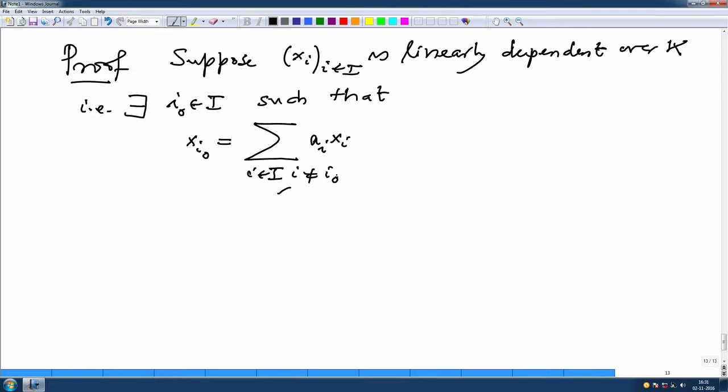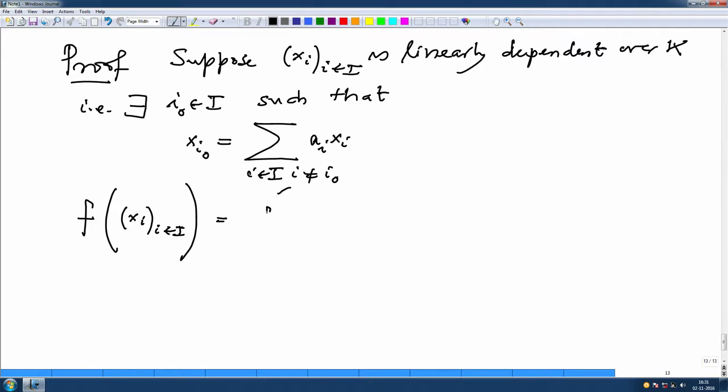You can always arrive at this equation because a dependence relation will have at least one non-zero coefficient, and we are over a field, so I make that coefficient 1 and shift the rest to the other side. Now we want to compute f of xi.